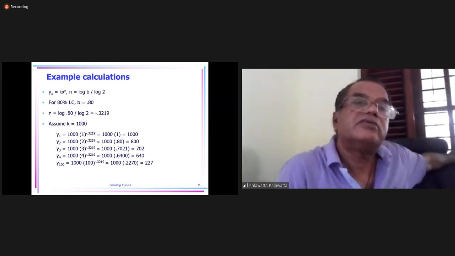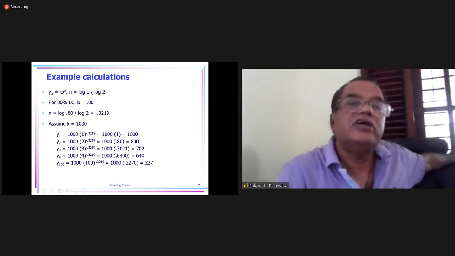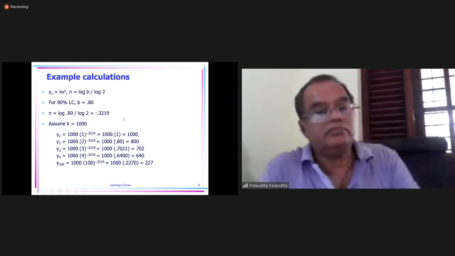Let's say example, yx equals k x to the power n, n equals log b divided by log 2. For 80% learning curve, b equals 0.80. Now log 0.8 divided by log 2 equals minus 0.3219.